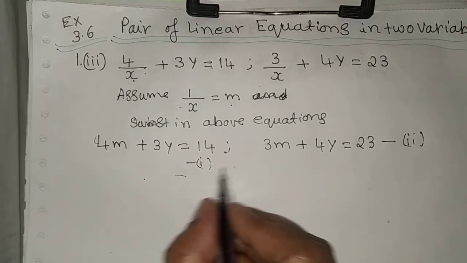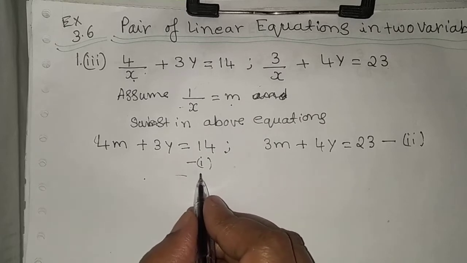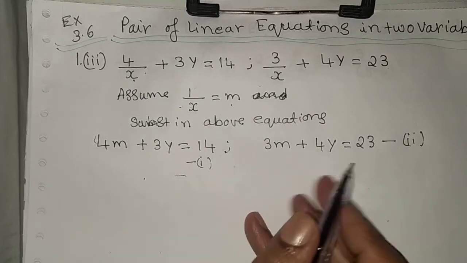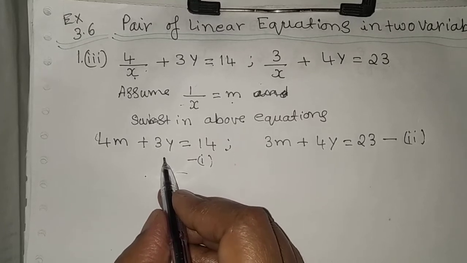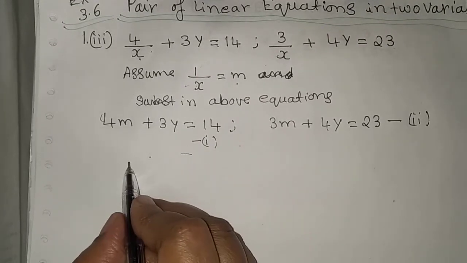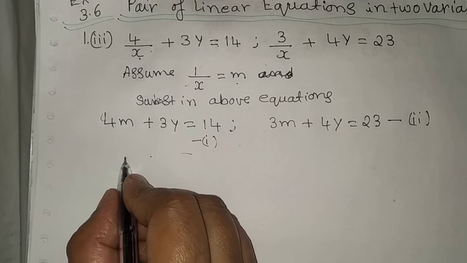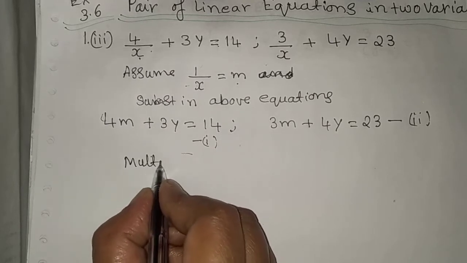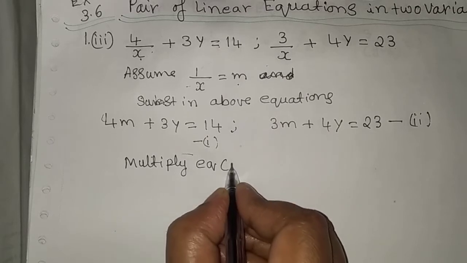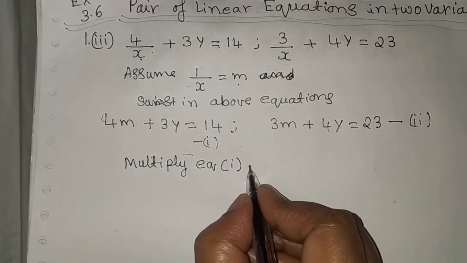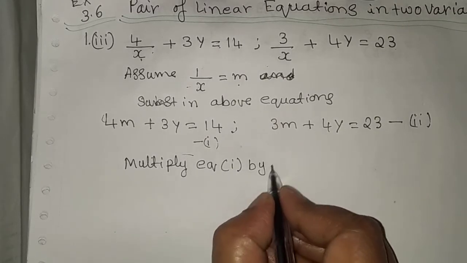Now we'll eliminate any one variable and find the other. In this, we multiply equation 1 by 4.